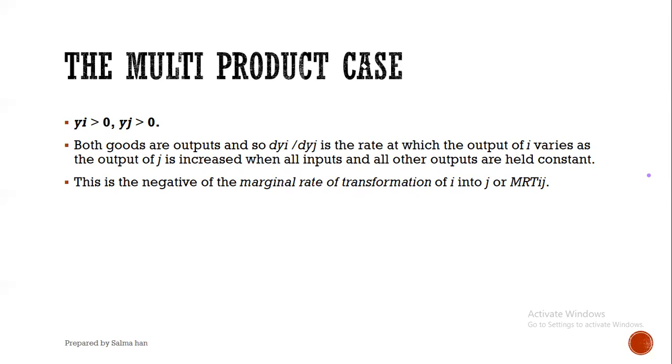I'll very briefly go through these three cases by defining the marginal rate of substitution, marginal rate of transformation, and marginal product, where which concept comes. When we want to study the rate of change of one output with reference to the rate of change of the other output, then we have the negative of the marginal rate of transformation.